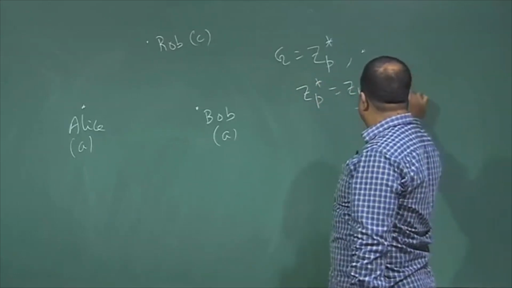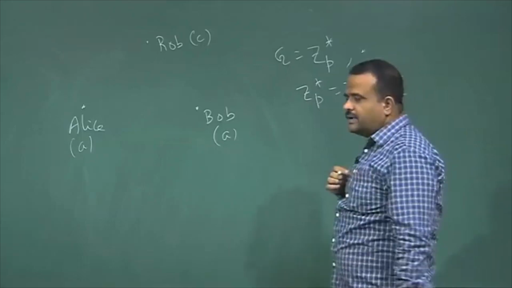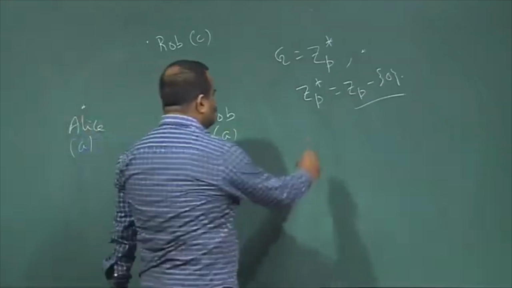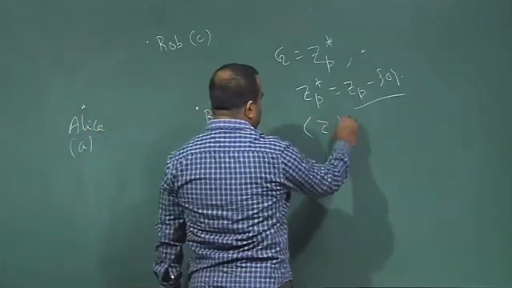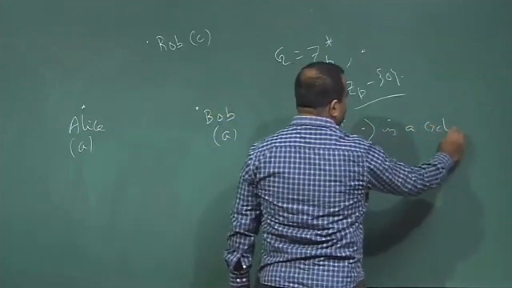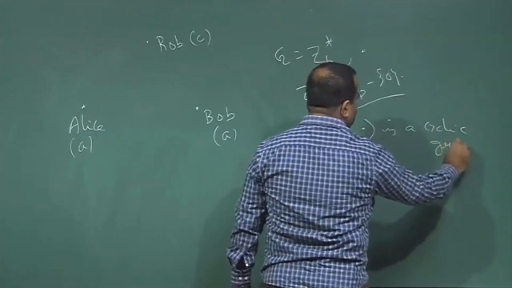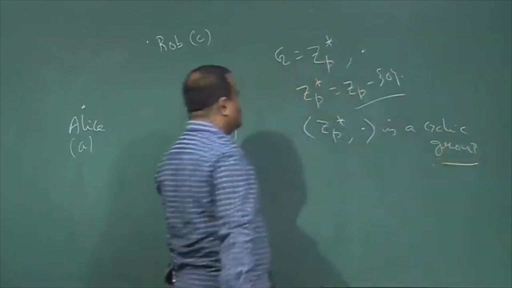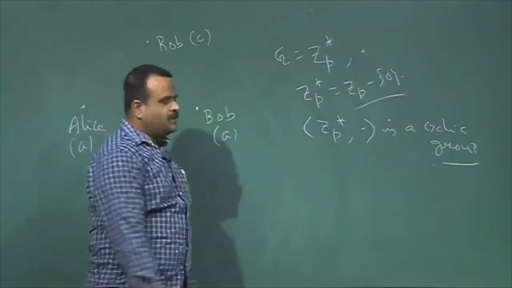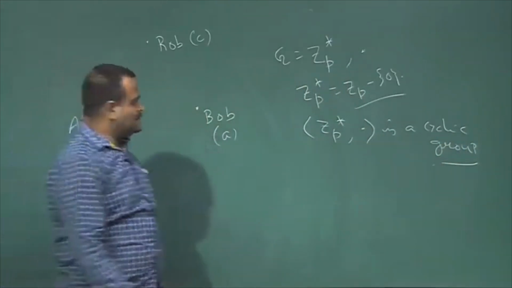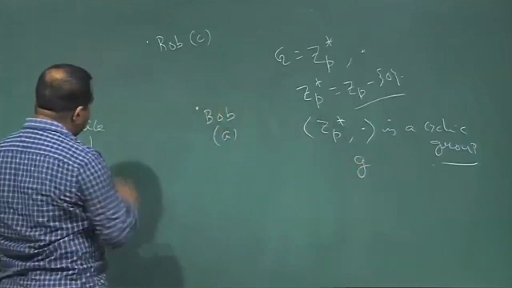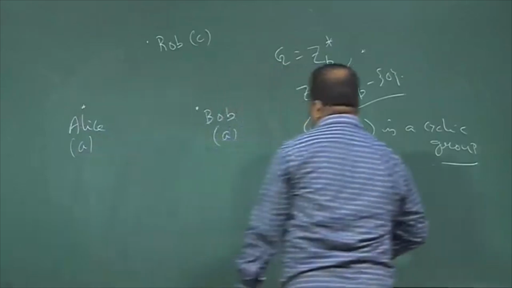We have to remove the additive identity element, and then this forms a cyclic group. If it is a cyclic group, it has a generator, and suppose g is a generator of this group.